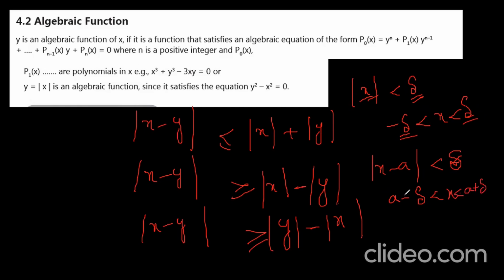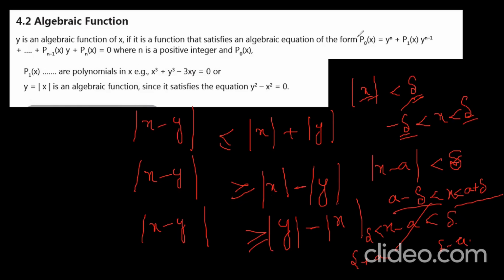What is the meaning? The actual meaning is that x minus a lies between positive delta and negative delta. So if you add a here, you get a minus delta less than x less than a plus delta.